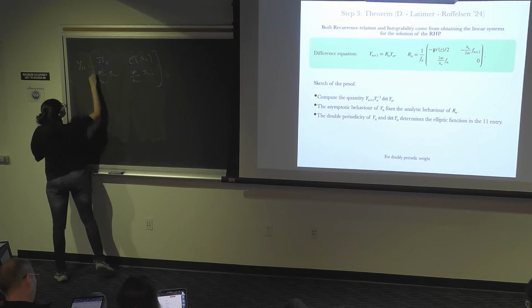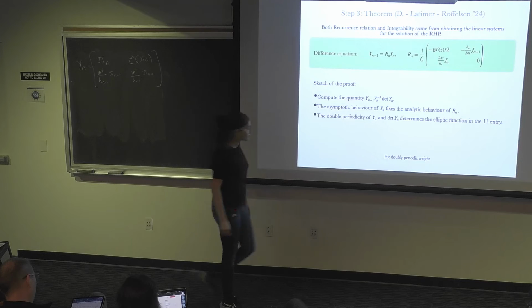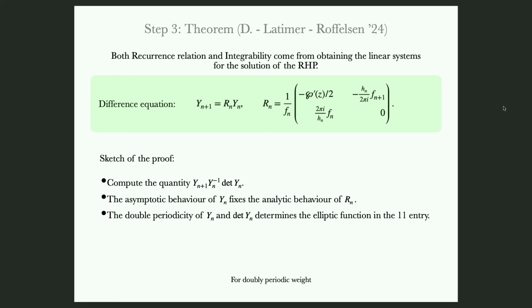So just to have it in the back of your mind, this is what Y_n looks like. Now, if you shift n to n plus 1, you see that it indeed solves a linear difference equation. And this is the whole name of the game.